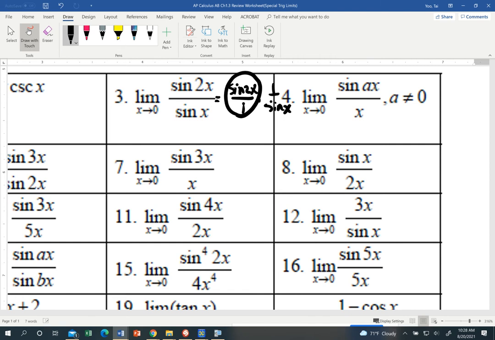2x. So what I need to do is let's just concentrate on that. I can take sine 2x over 1 times 2x over 2x. Does everyone understand why I need to multiply top and bottom by 2x? Yes. Okay, what am I going to do with that bottom 2x?